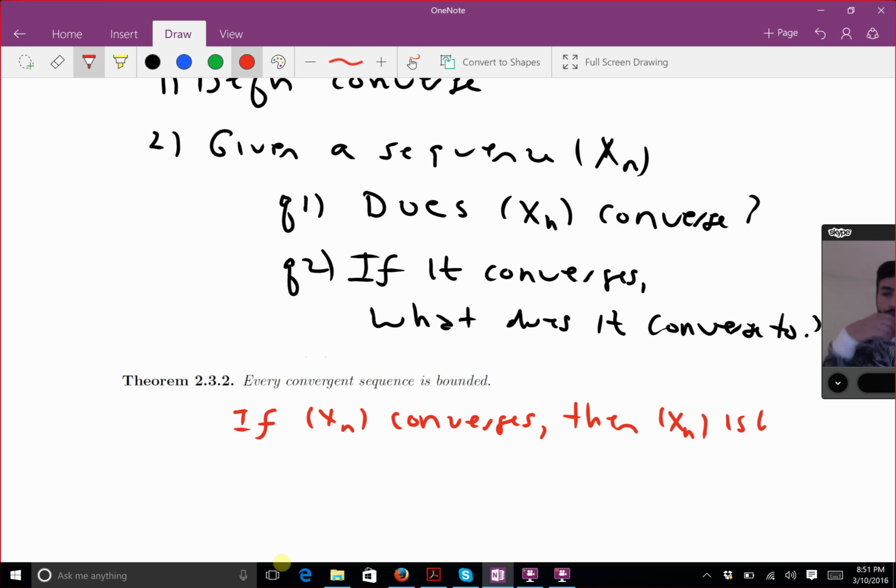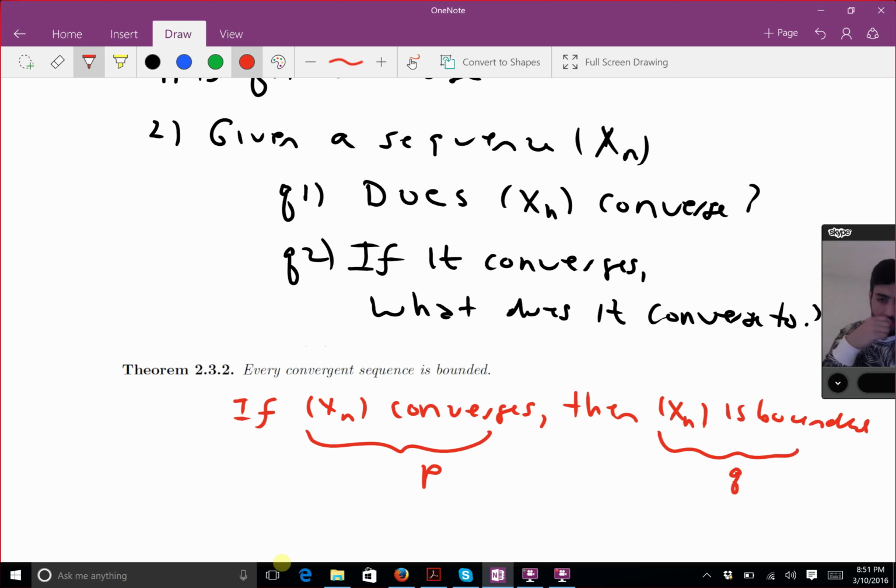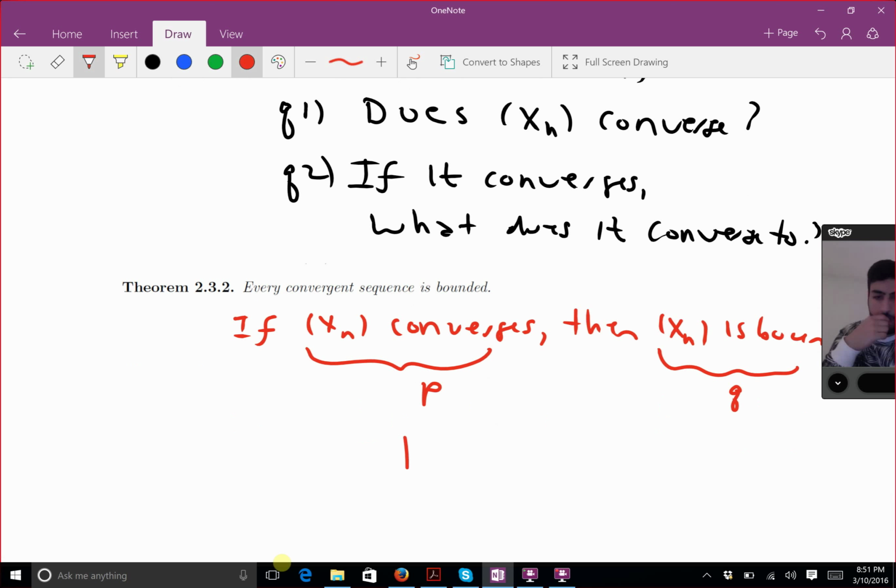Now, when we do math, if I want to write this, this is the statement P, and this is the statement Q. We write this as P implies Q. So a sequence is convergent implies the sequence is bounded.